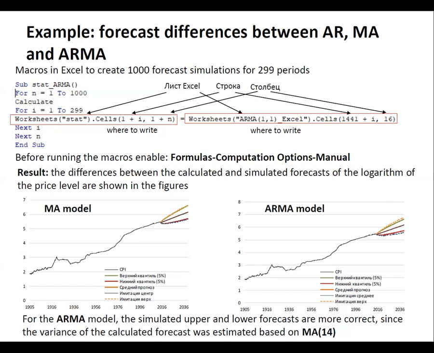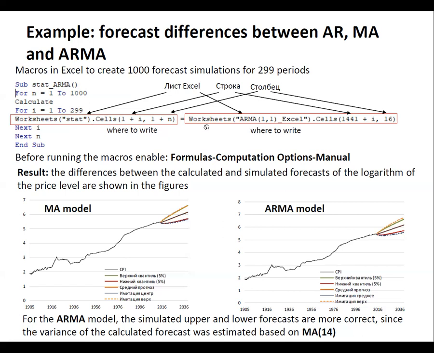And then we have a cycle for e from 1 to 299. This is how many periods we make a forecast for, and it goes from 1 to 299 in turn. Next y is the end of the cycle. And then we have a cell to write where and what value to write.